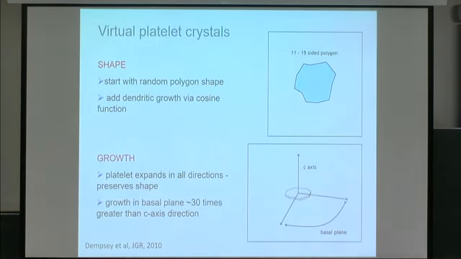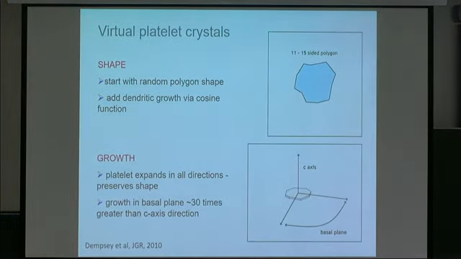So, a smart student I had did this modeling. What he did was take some polygonal shapes. He made them dendritic by putting a cosine function around the edge, and then he let this crystal expand in all directions, preserving shape. And the growth rate is just a constant.